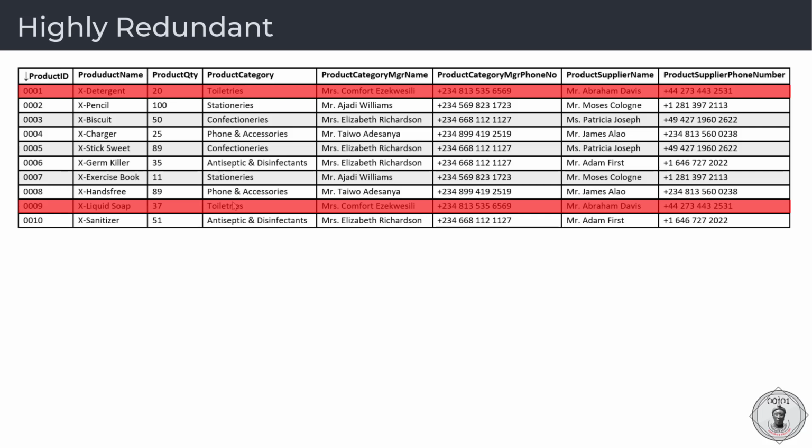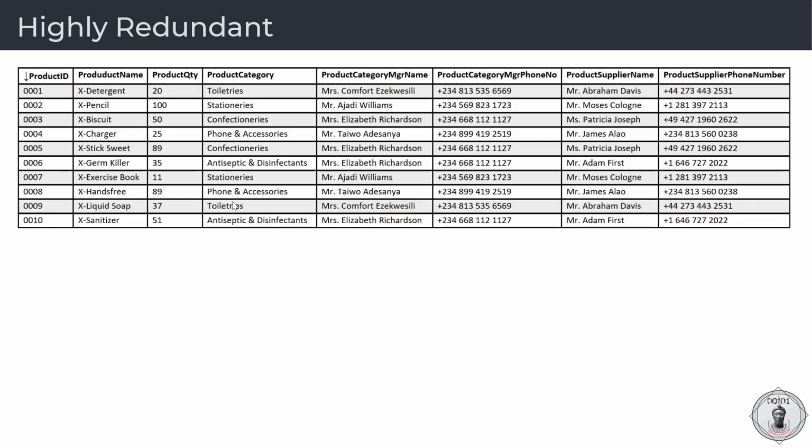So if Mr. Abraham Davis brings in other products, the next stock, it means that I no longer have that information, just because I mistakenly or maybe intentionally or ignorantly deleted the record for Mr. Abraham Davis. But if I have actually done justice to my data modeling right from the start, I won't fall victim to this kind of problem, and that's why normalization is very important.